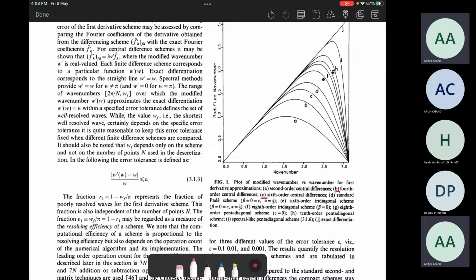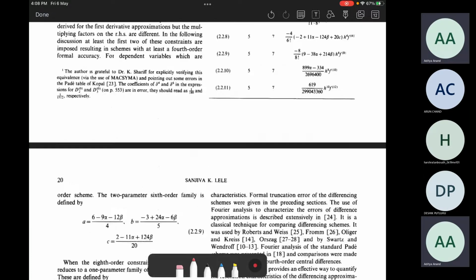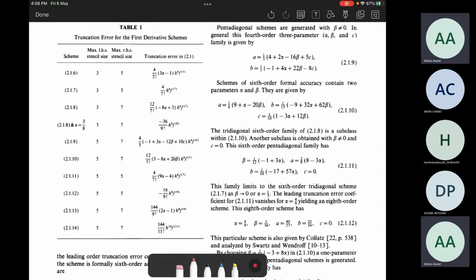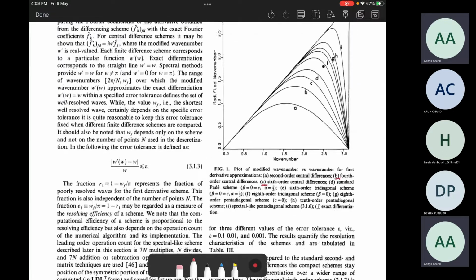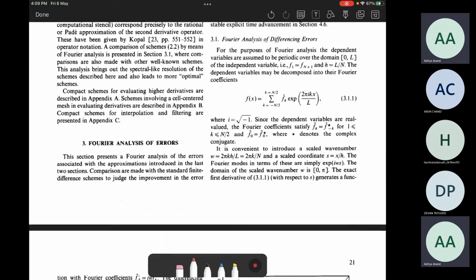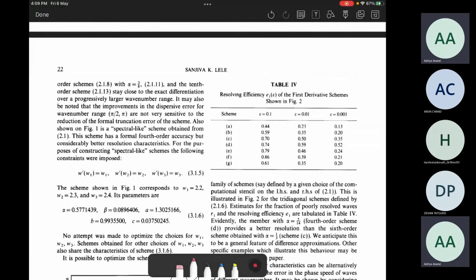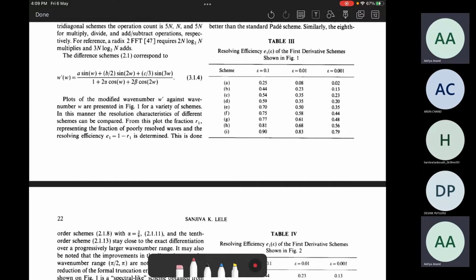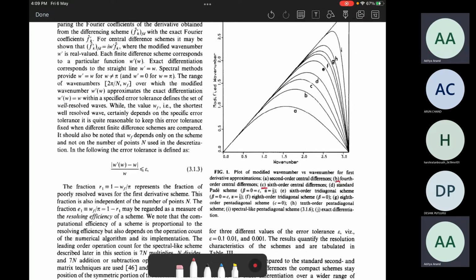Look at the 10th scheme, the spectral like pentadiagonal scheme, 3.1.16.